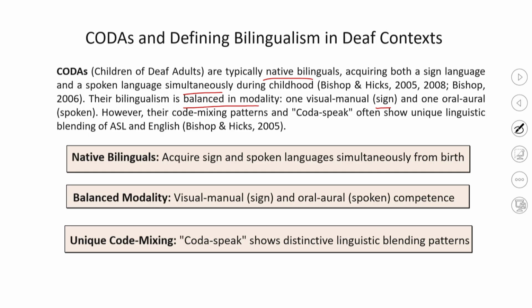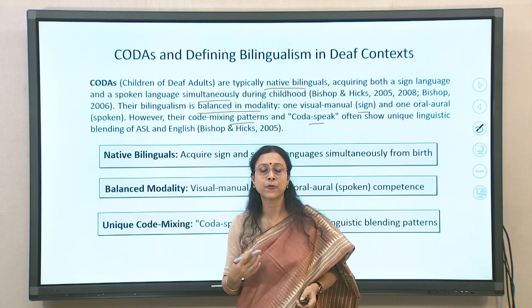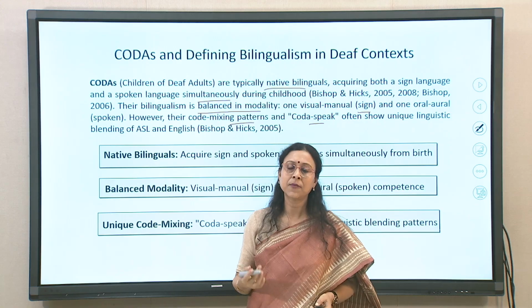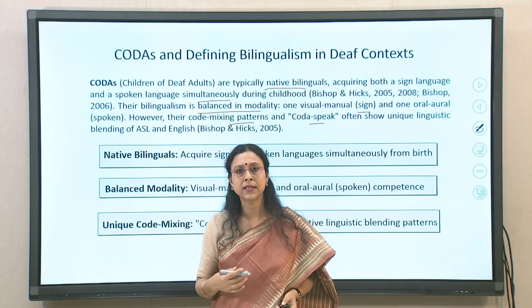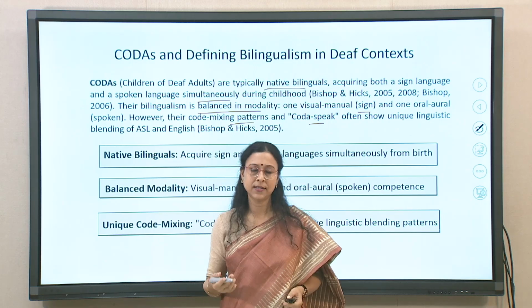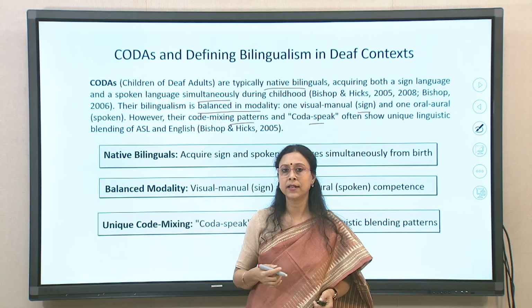However, their code mixing patterns and CODA speak often show unique linguistic blending of ASL and English. This is a study on American Sign Language. So, children signing American Sign Language whose parents are deaf. If they are not themselves deaf, then they will learn the spoken language as well as the sign language simultaneously.